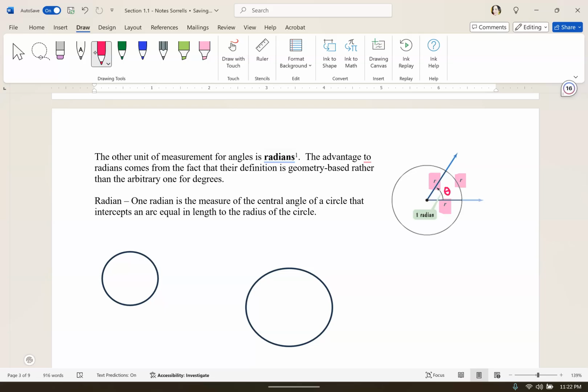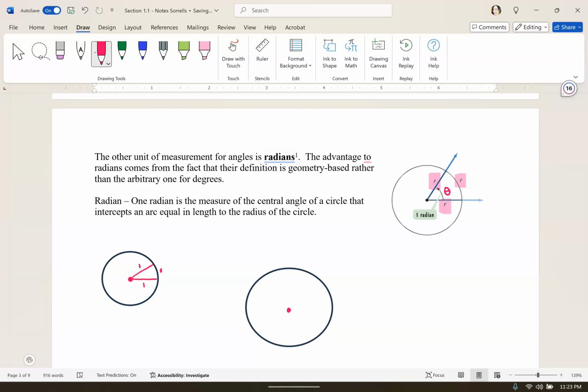So I didn't put the centers in there, so add your little dots in. So notice this one is smaller. So this could be like a radius of 1. When this opens up to also have a length of 1, that is 1 radian for that circle.